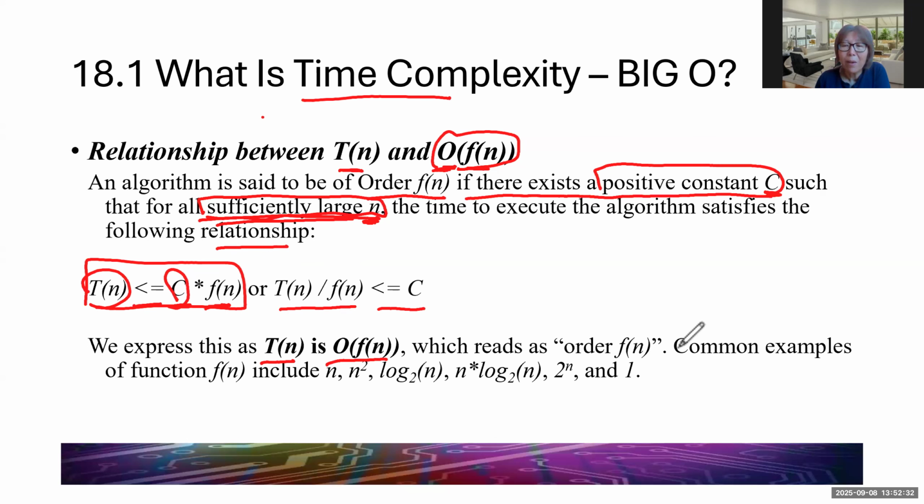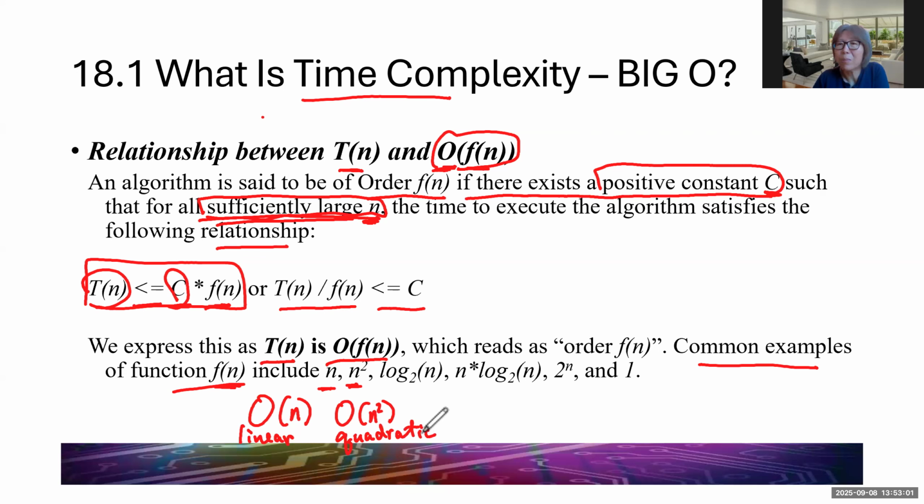And the common examples for function Fn, normally we have n, so order n, which means it's a linear relationship. And n quadratic, so order n quadratic, which is a quadratic relationship.